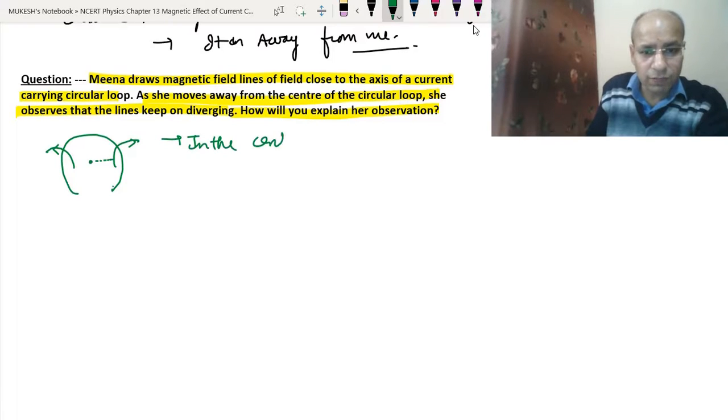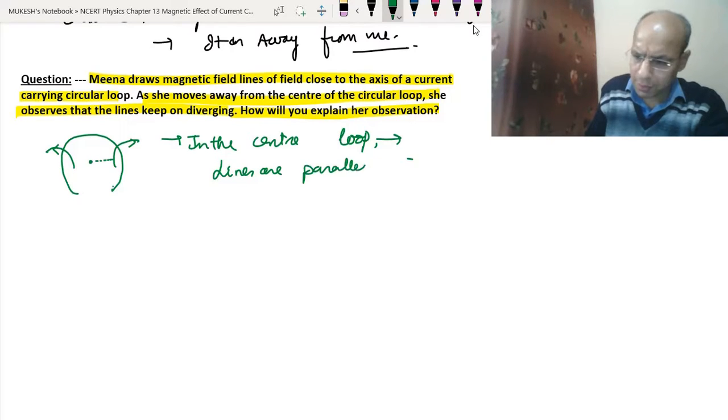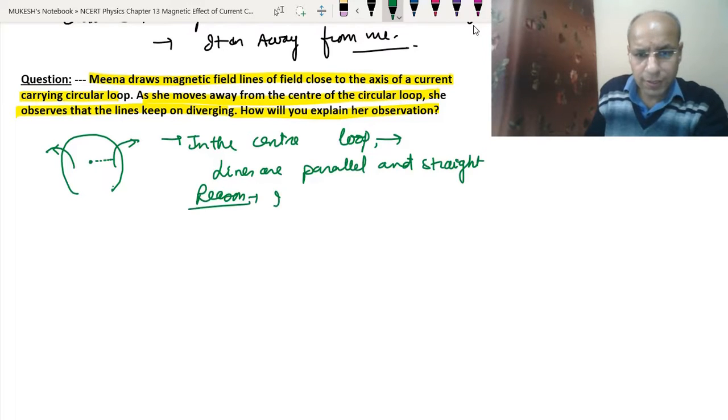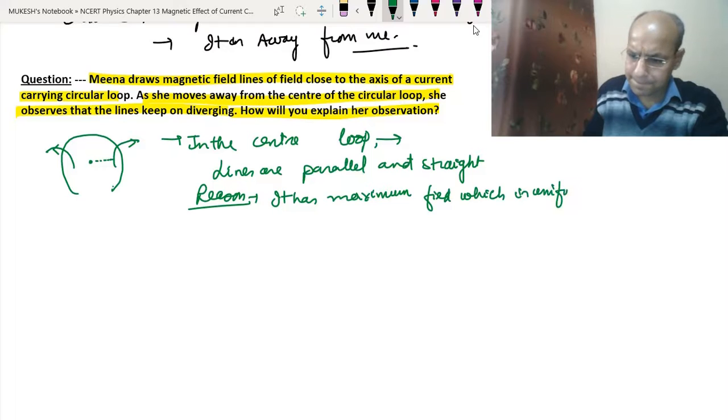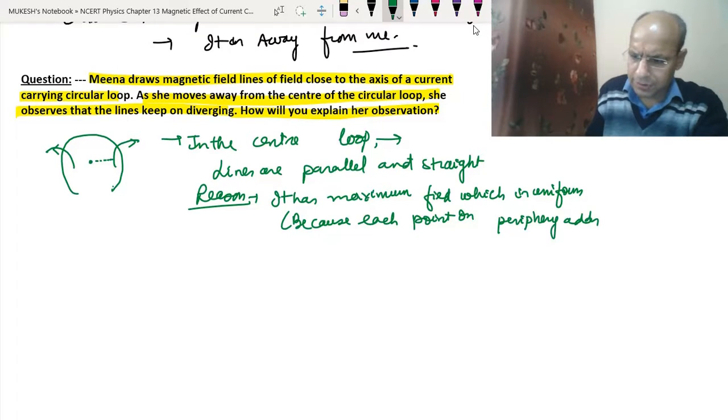In the center of the loop, lines are parallel and straight. What is the reason? It has maximum field which is uniform. Reason why? Because each point on the periphery adds up the field. Okay.